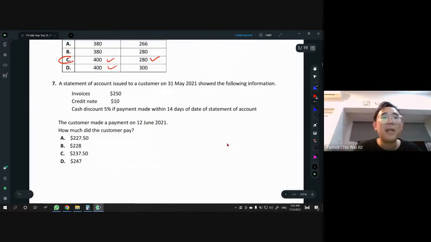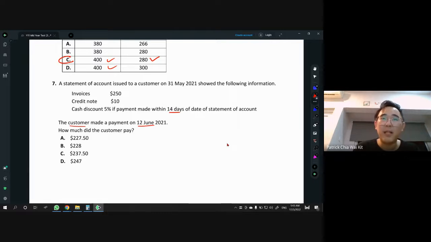7. Statement of account issued to customer at the end of the day, right? Invoice 250, credit note $10, and then cash discount 5% if payment is made within 14 days from the statement of account. So what happened here is the customer paid this amount on 12th June. Okay, on 12th June. The statement date is 31st May. So have we passed the 14 days? Not yet, right?